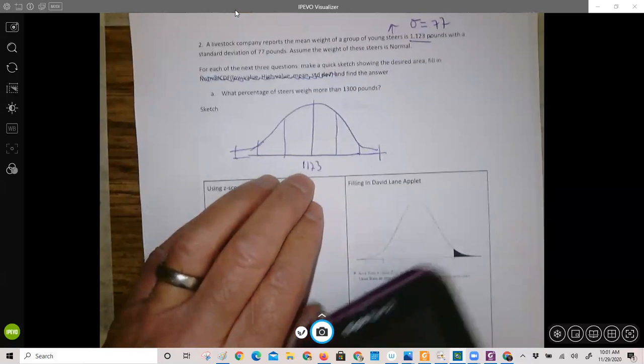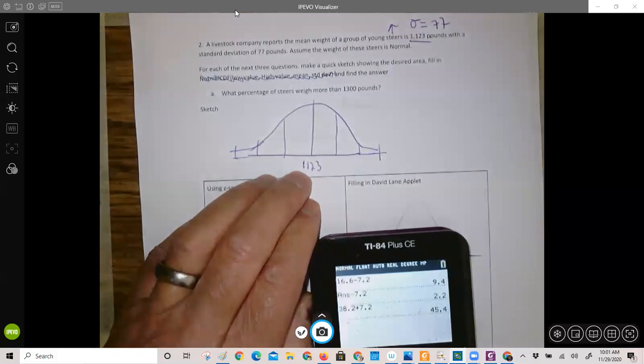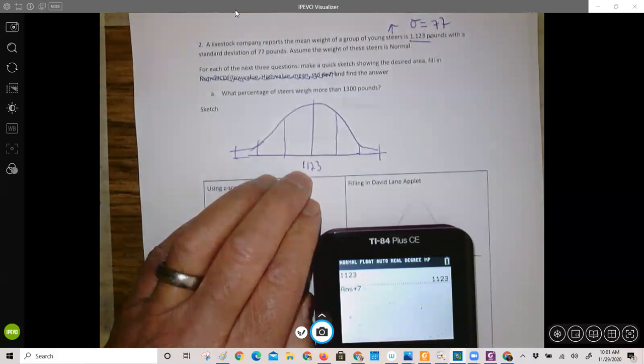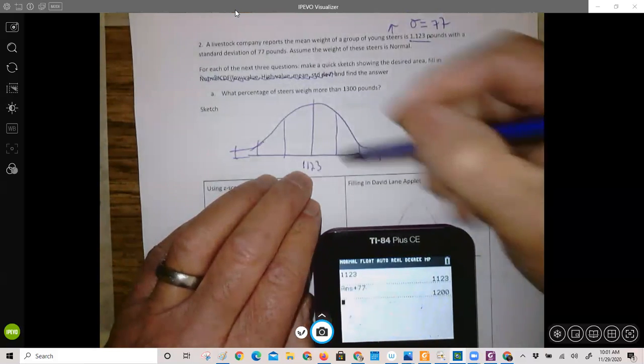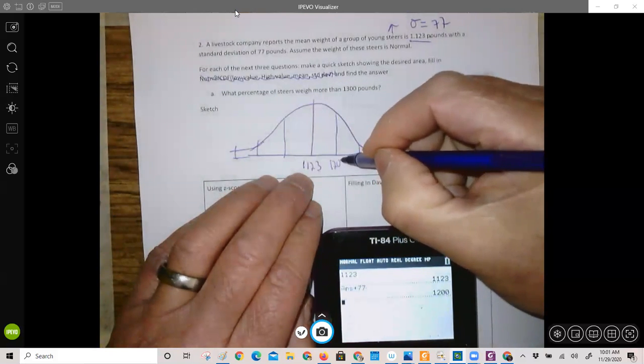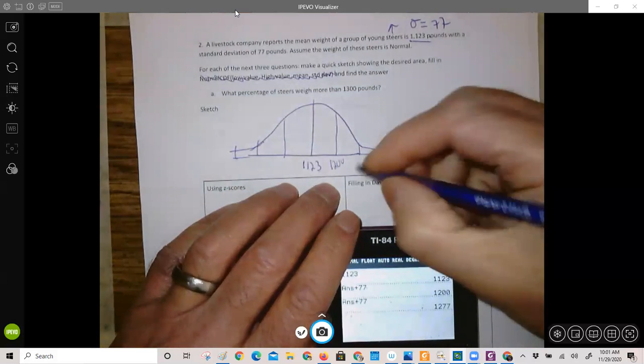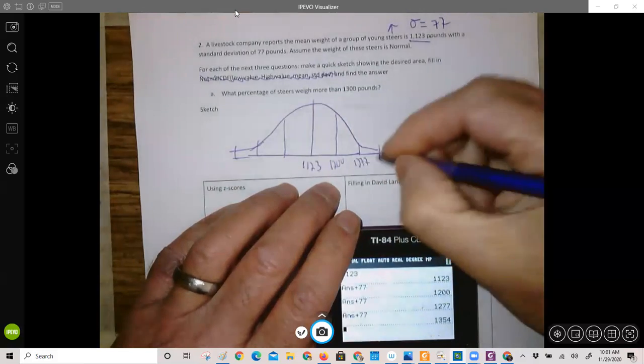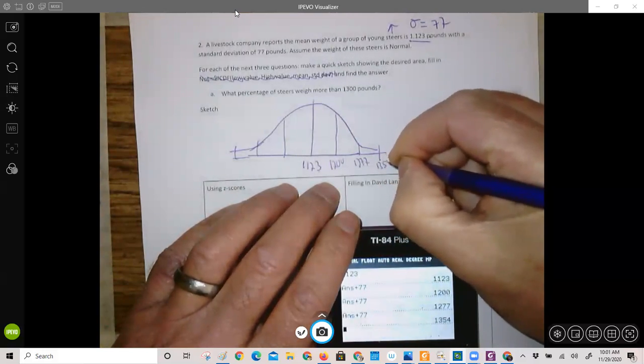And then I'm going to get my handy dandy calculator going. 1123 plus 77. So the next cutoff is 1200. The next cutoff is 1277. I probably could have done that in my head. And 1354.